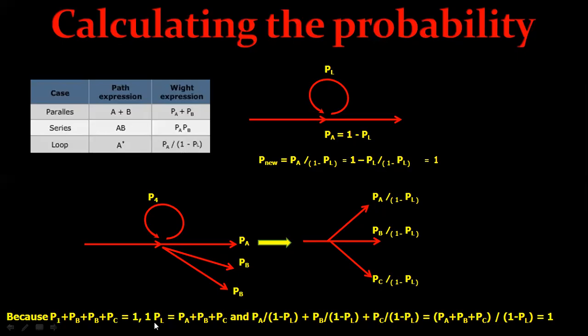So here PL will be equal to PA plus PB plus PC, and PA by 1 minus PL plus PB by 1 minus PL plus PC by 1 minus PL, which will be PA plus PB plus PC. So here we can say 1 minus PL will be equal to PA plus PB plus PC.